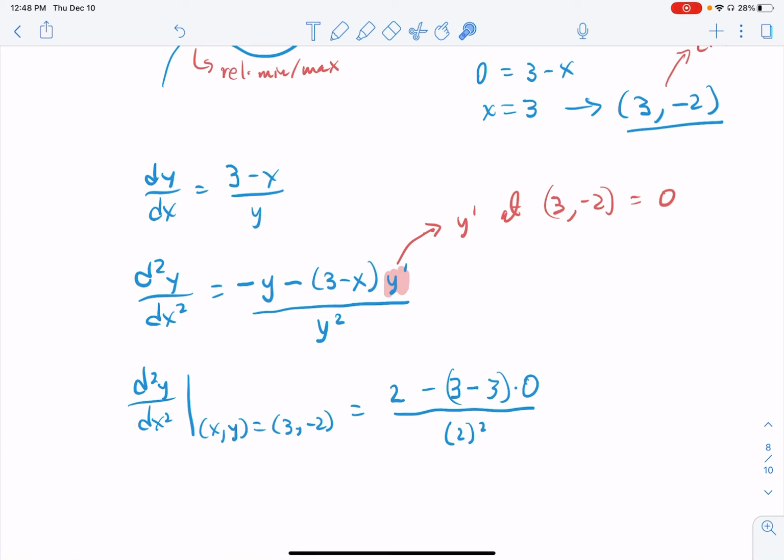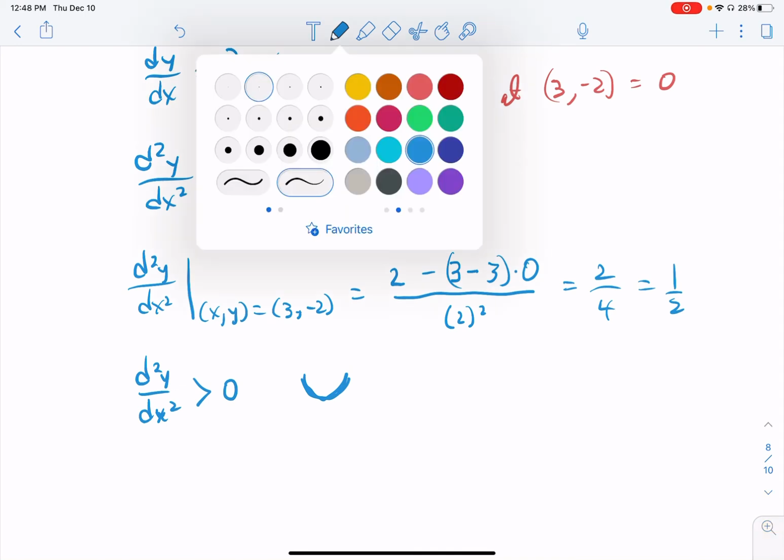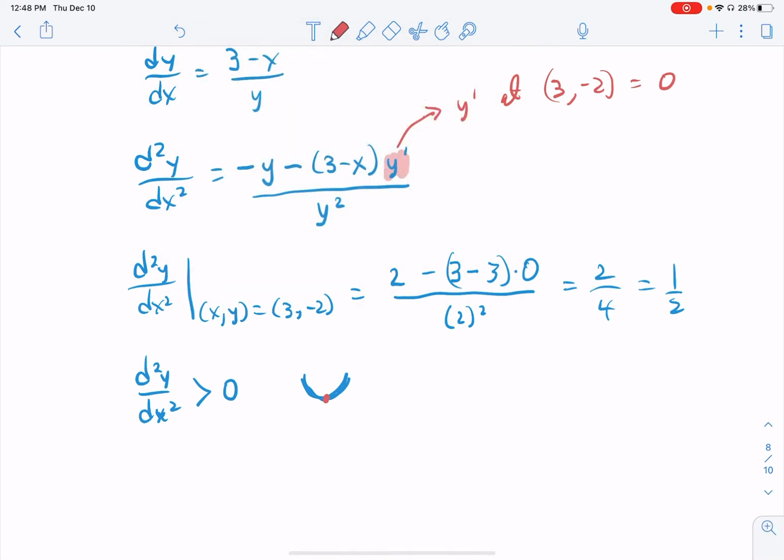I'm left with this 2 on the top and a 4 on the bottom. It's a half. Okay, what does this mean? It means that my second derivative is a half, which is positive. It's a positive number. My function is concave up there, and I have a critical number on that interval.